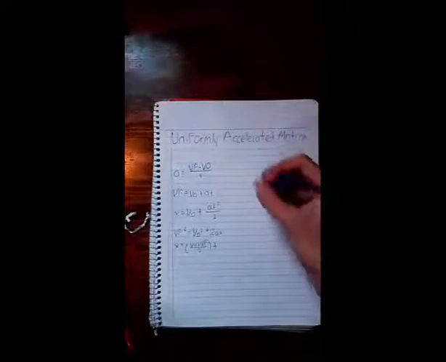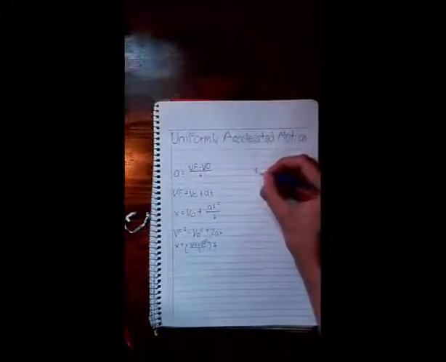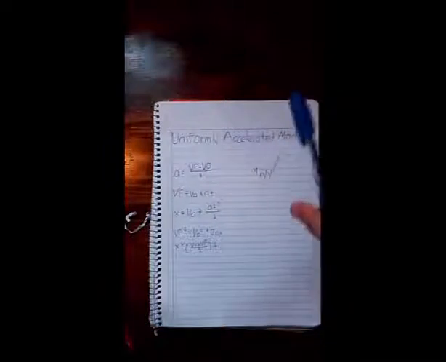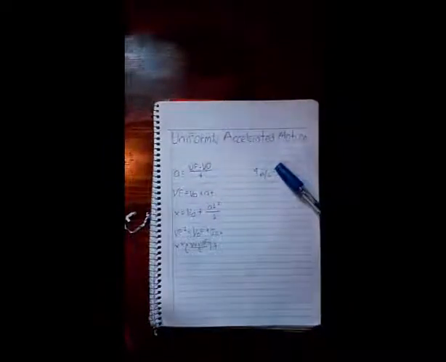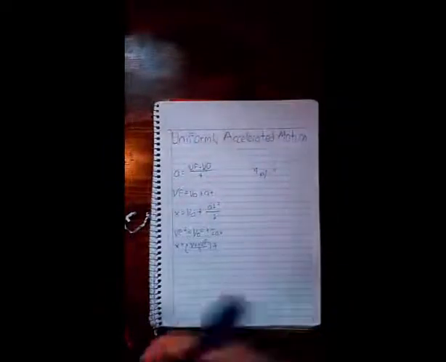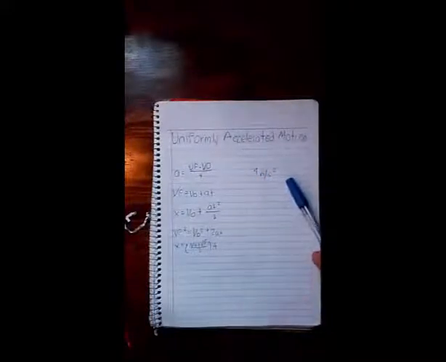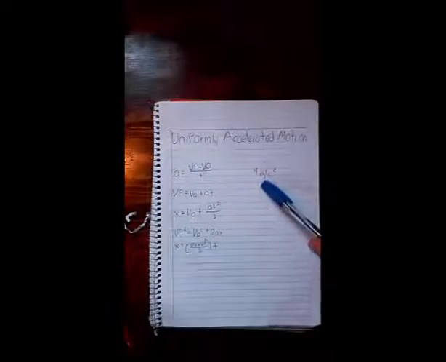For example, if we have 4 meters per second squared, we have an acceleration. The rate of change of velocity per unit of time means acceleration. And if we have 4 meters per second squared, the acceleration is for the velocity plus 4 meters per second every second.